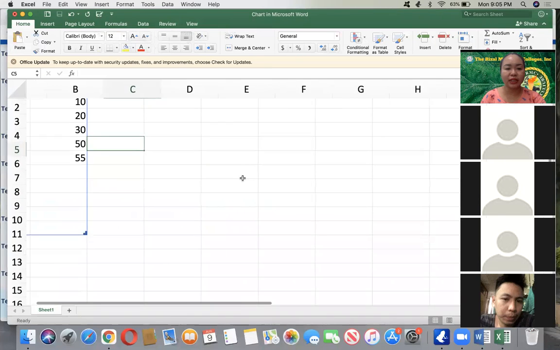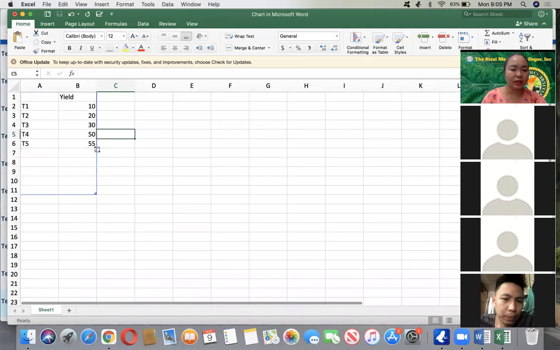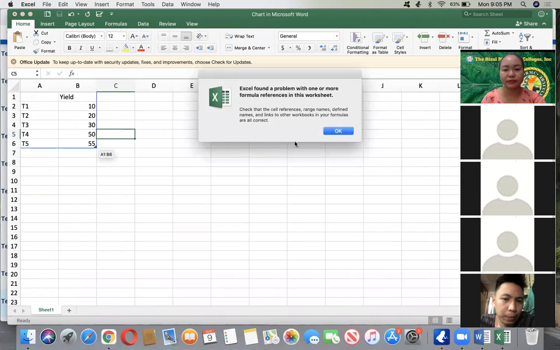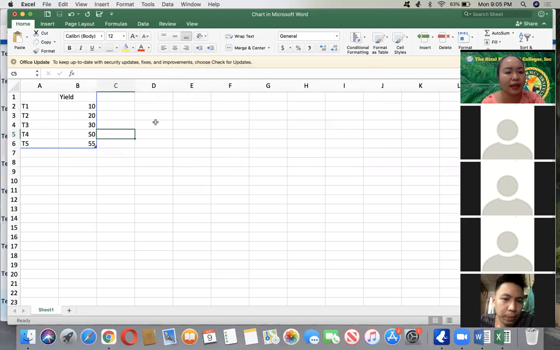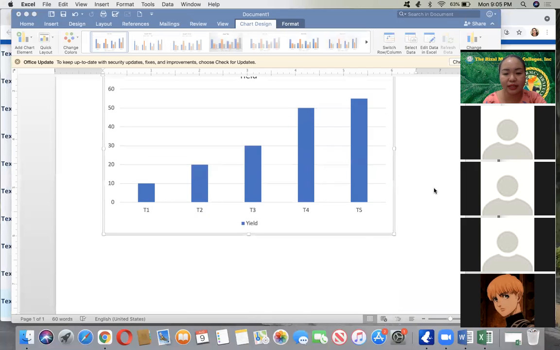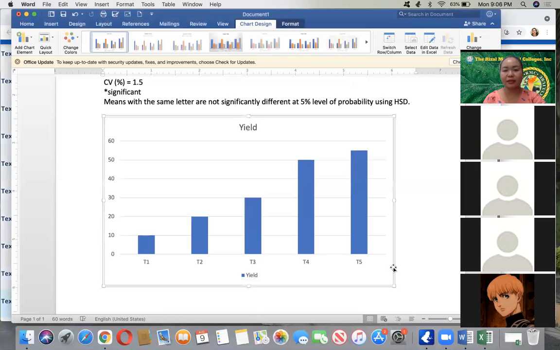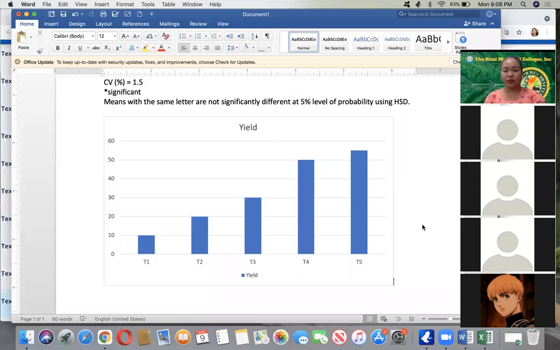So you just close Excel, and it will show your yield. O diba, ganun lang kadali gumawa ng figure or data.